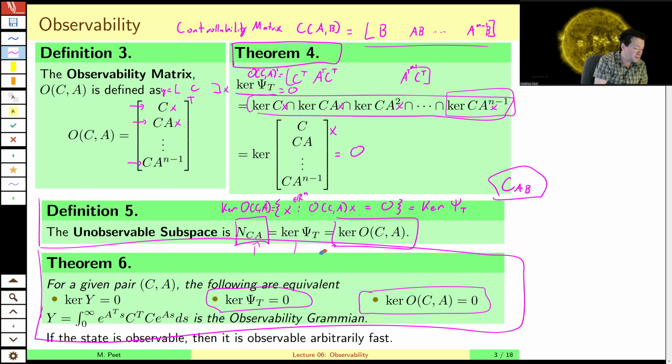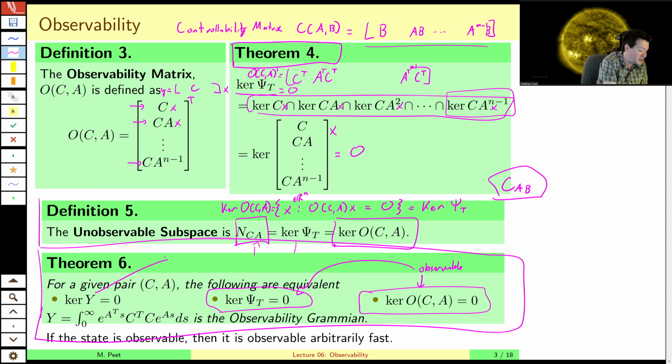And then, of course, the big next step is saying that the system is observable. Right. So those both mean observable, if and only if the observability Grammian is full rank. So it's a matrix, it's a symmetric matrix Y here.